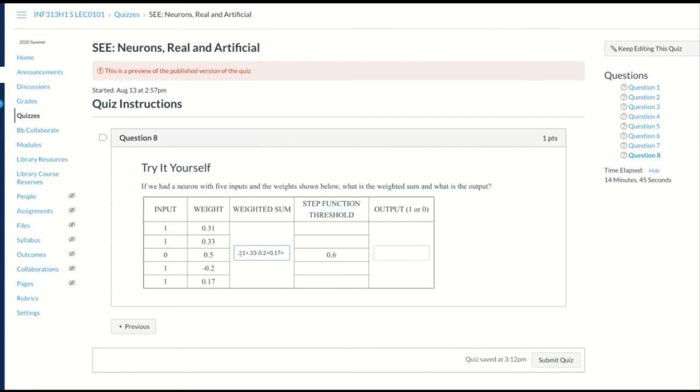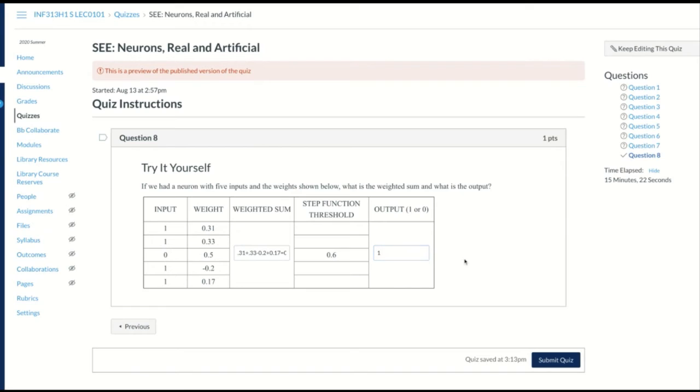And so the first two together make 0.64, and then minus 0.2 turns into 0.44, and then plus 0.17 is going to be 0.61. So the total is 0.61. So that's more than the threshold here. So what's my output? 1.